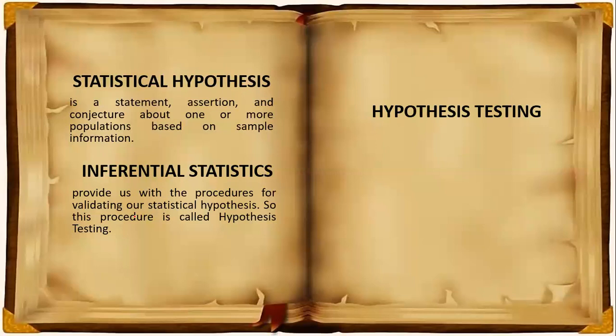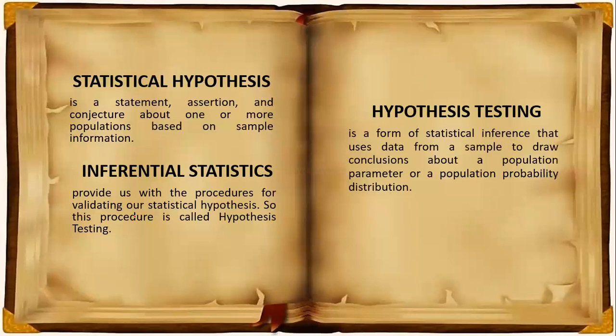Now, let's proceed to the hypothesis testing. Hypothesis testing is a form of statistical inference that uses data from a sample to draw conclusions about a population parameter or a population probability distribution.